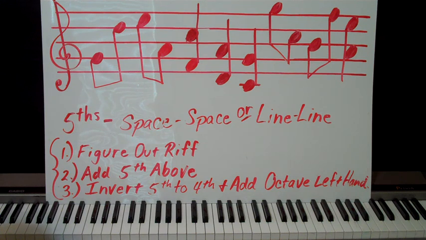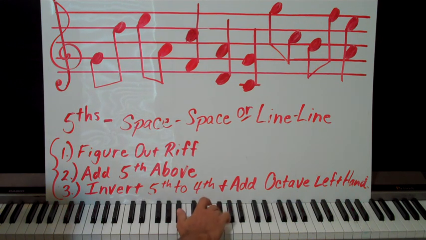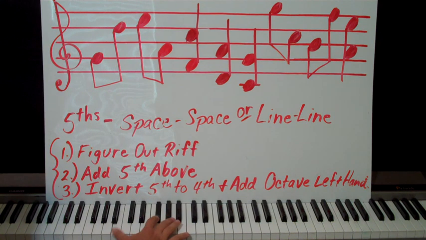Let's do Iron Man. B, starting with a B. Any guitar riff. Now, I'm going to add a fifth above. So, let's see. I haven't done this. I mixed it up.